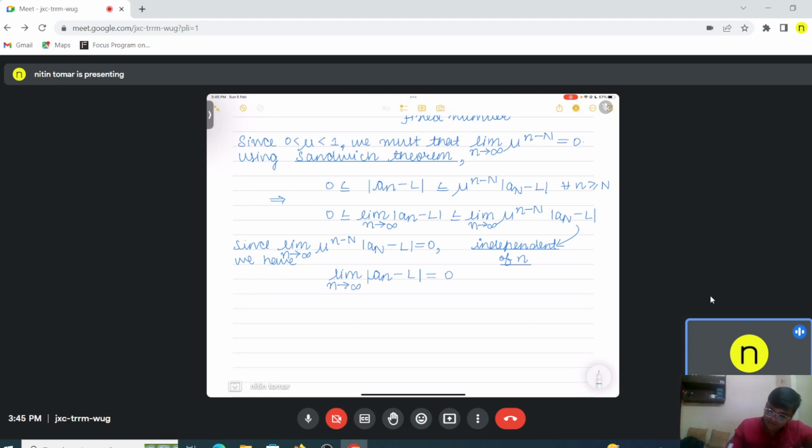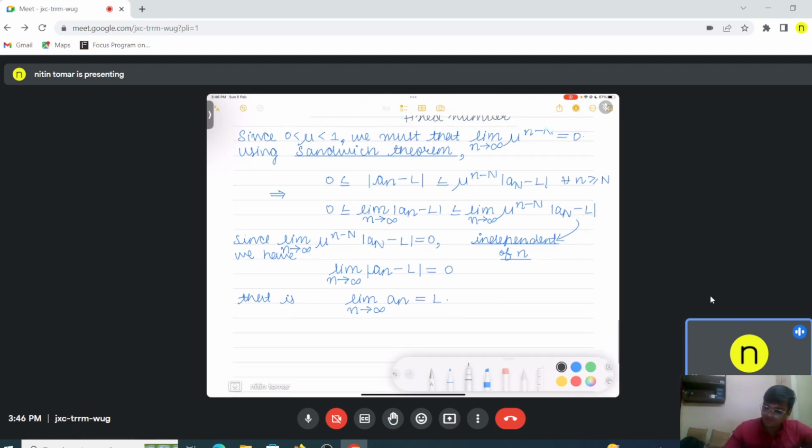And this is the same as saying that the limit of the sequence a_n is actually L as n goes to infinity. Okay. So with this we finish our first question.